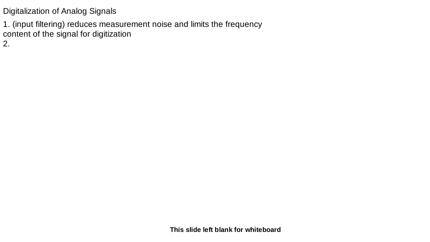Then step number two, or operation number two, is the actual conversion of this analog signal to a discrete signal. And this is why you see analog to digital converters being used.